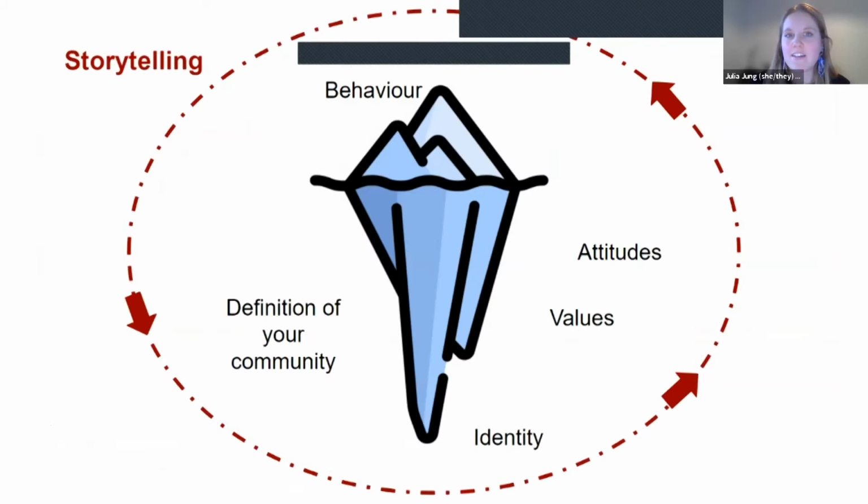And if you're interested in a little bit more of the theoretical background behind this, there's this idea of the iceberg metaphor. So above the water is the behavior that you can see from people in everyday life, the things we say and do. But beneath that, there's much more, right? There's our attitudes, our values, our sense of identity, and our definition of our community.